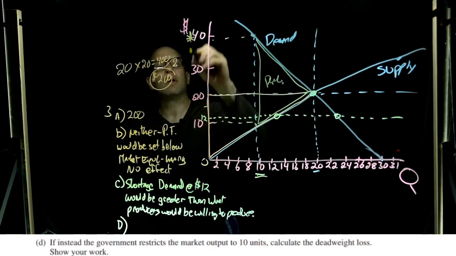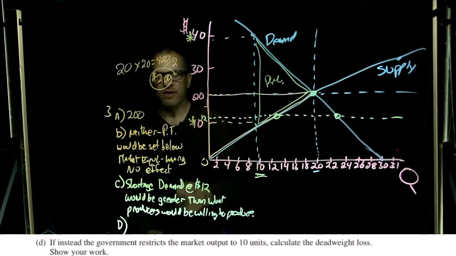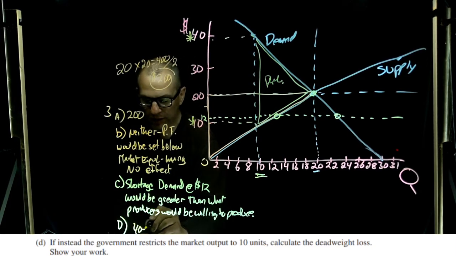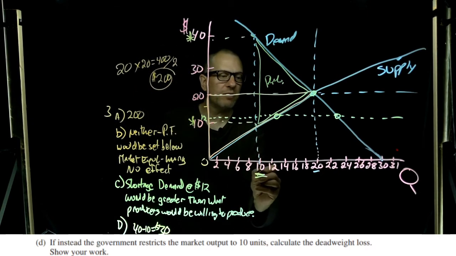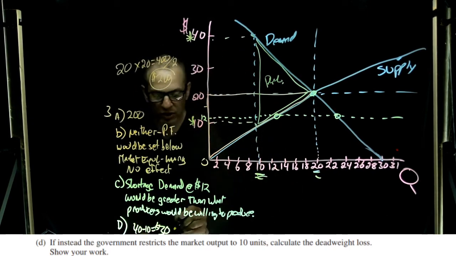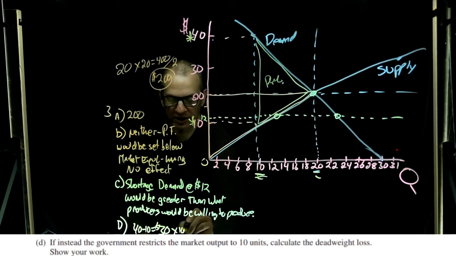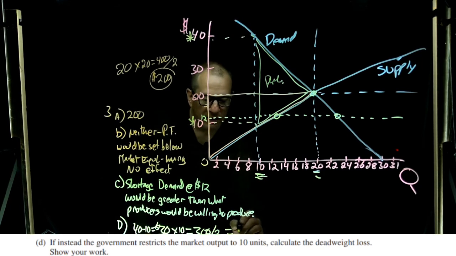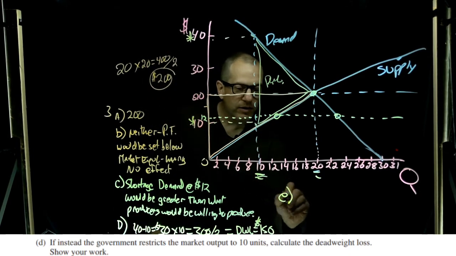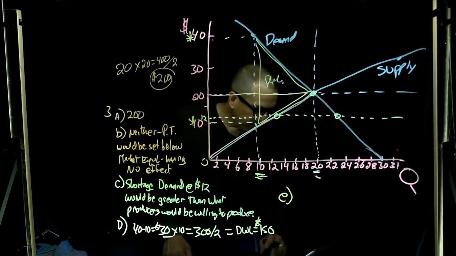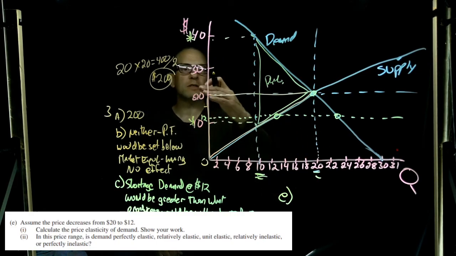So we would take that amount, and to figure this out, we would say 40 minus 10 would give us $30, and the amount of units would be from 10 to 20 we would lose, so it would be 30 times 10 units equaling $300 divided by 2 because it's a triangle, giving us a deadweight loss equal to $150.